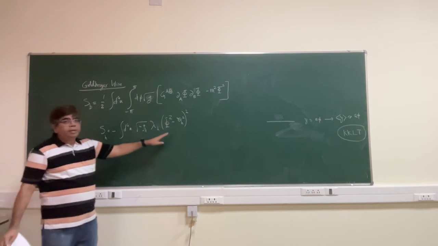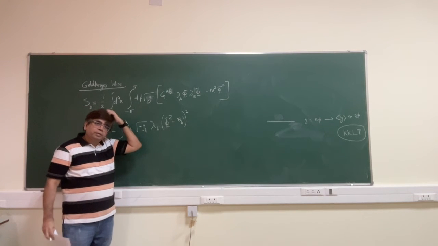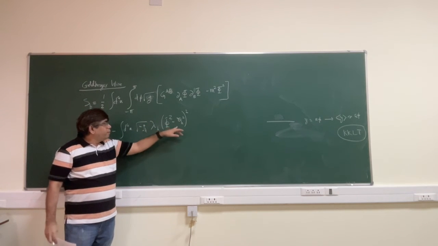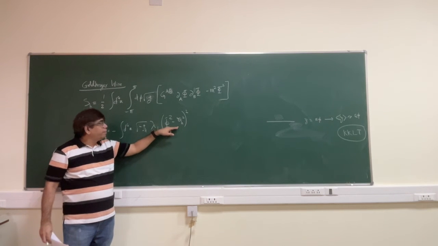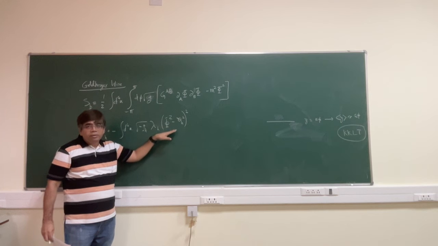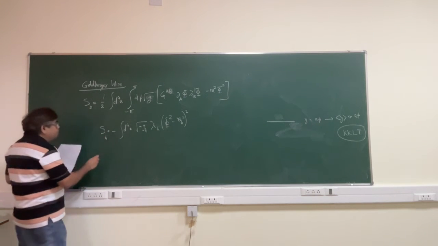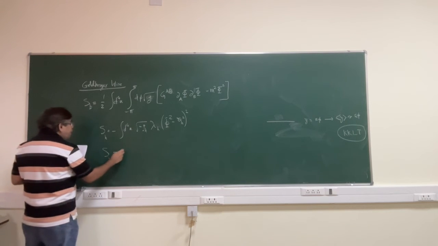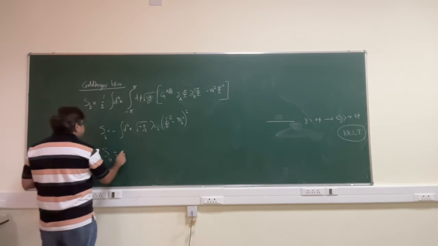This is like mu square phi square plus lambda phi 4 theory. So you essentially write mu square phi square plus lambda phi 4 theory, and you add this term both at the visible sector brane and the hidden sector brane.